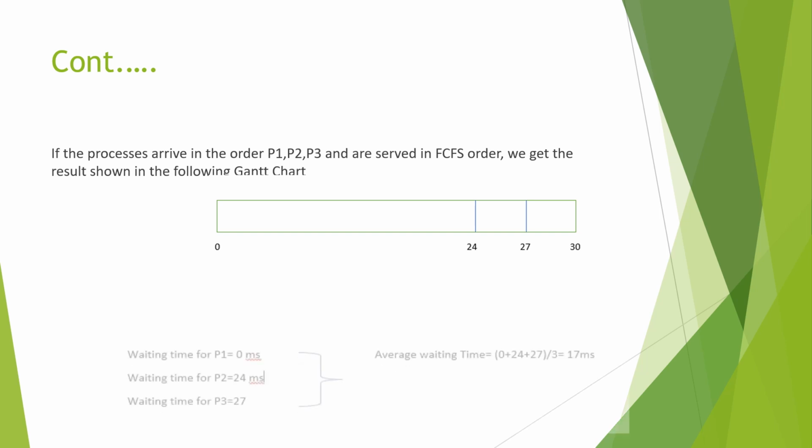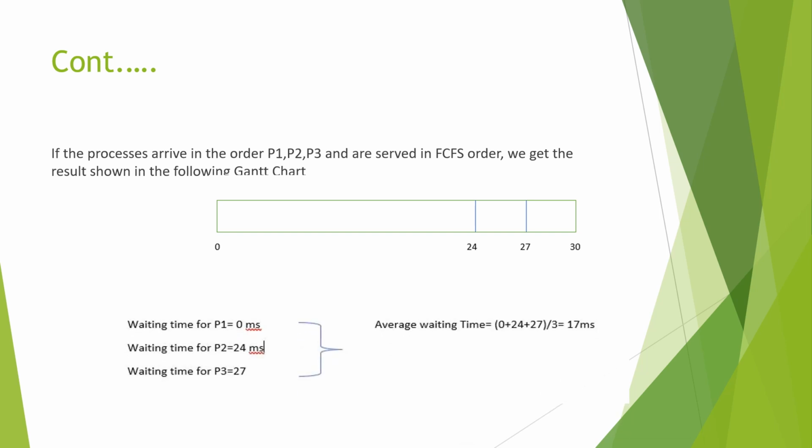So, process P1 started executing at time 0. It takes 24 milliseconds to be executed in the CPU. Then process P2 is allocated the CPU. It takes 3 milliseconds to execute, ending at time 27 milliseconds. And then process P3 is allocated the CPU.